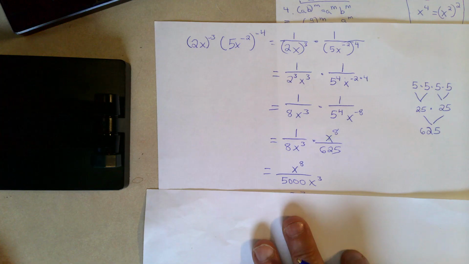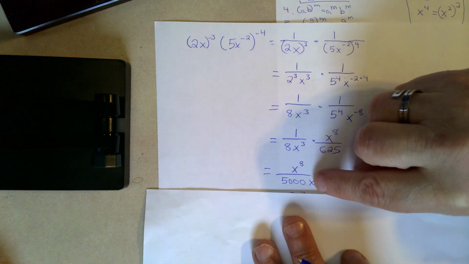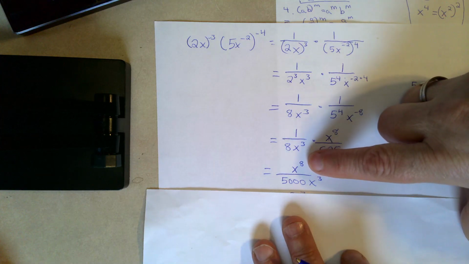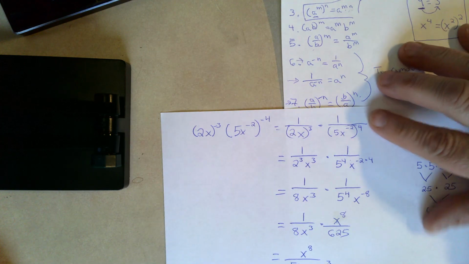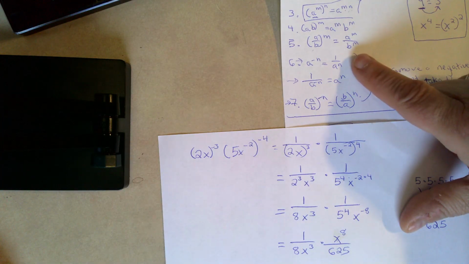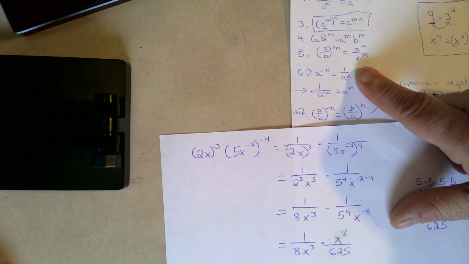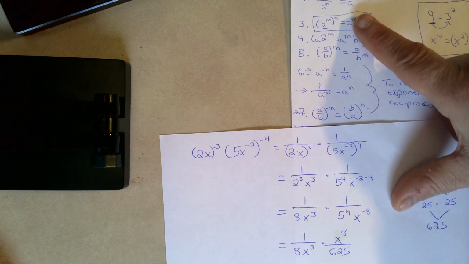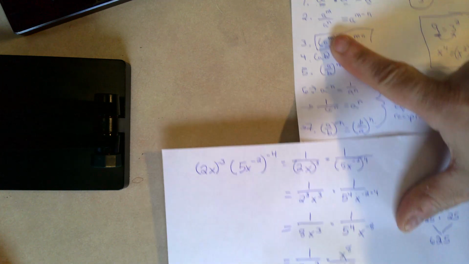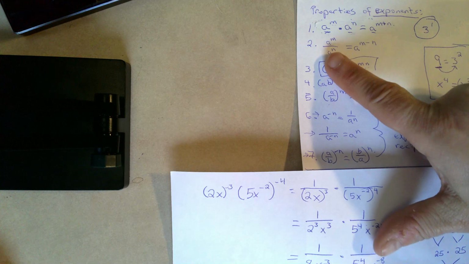And I think, am I done? No, these are still the same bases. So I'm going to do my rules. What happens if I have the same base? And I'm dividing.